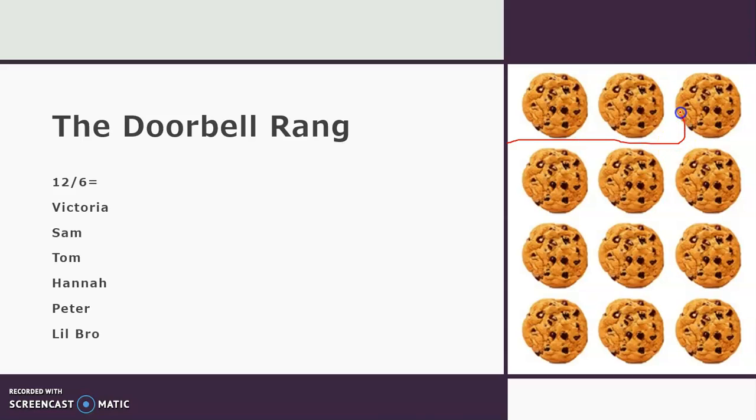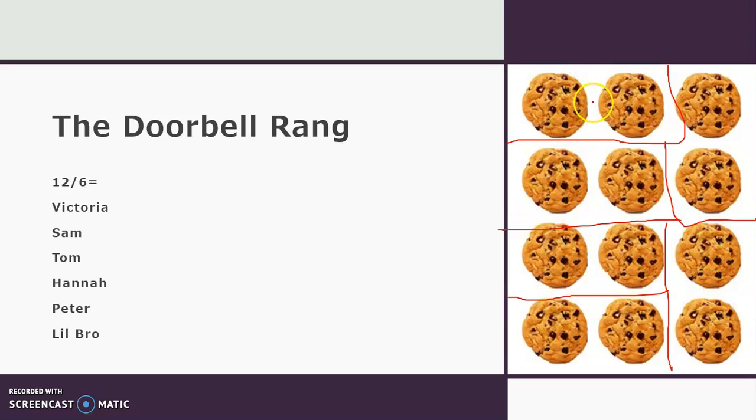So let's try to divide these right here, right here, right here, right here, and right here. Let's see. 1, 2. These are all divided into 2.